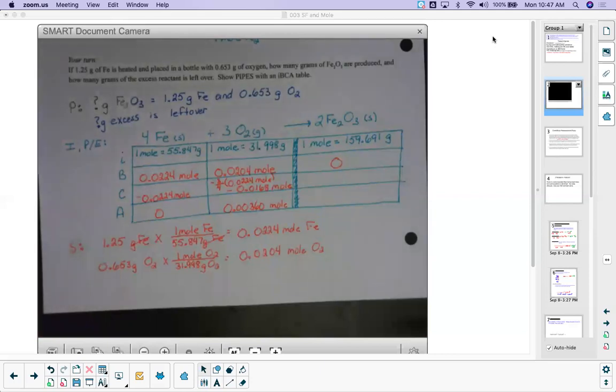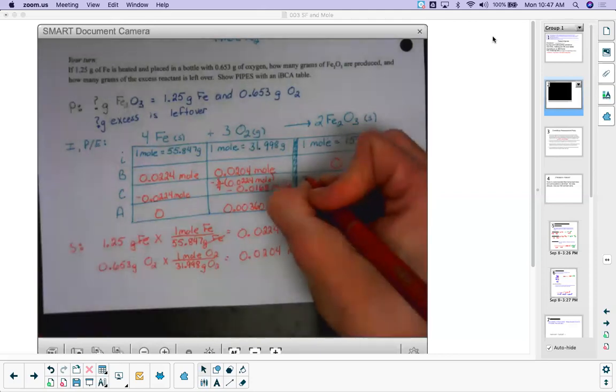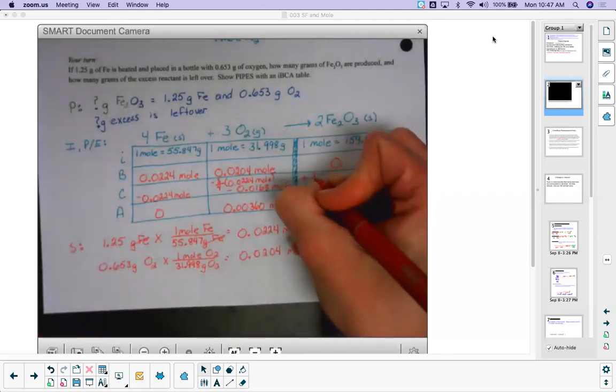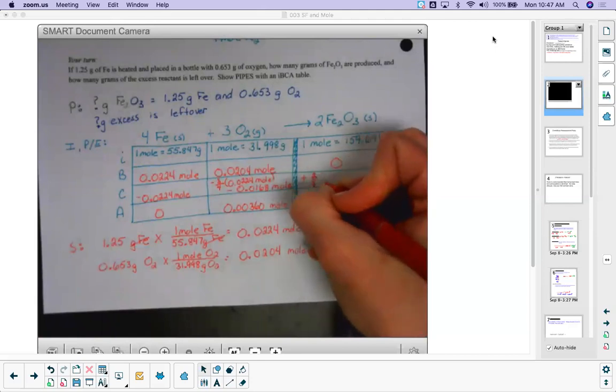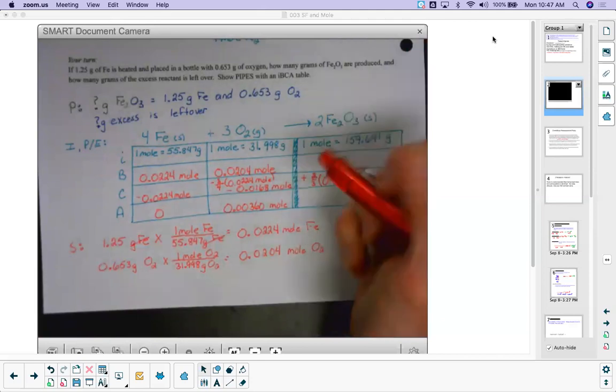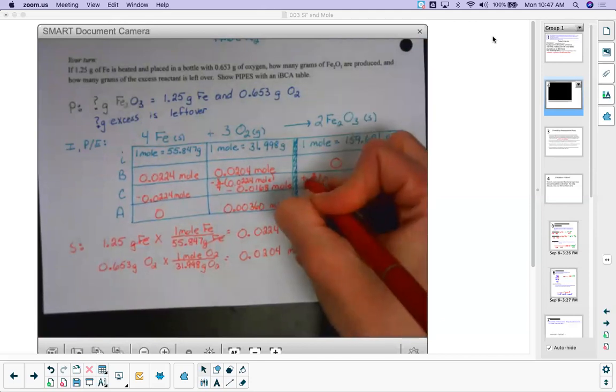So iron is very. I think it's not wrong, it's just about it.